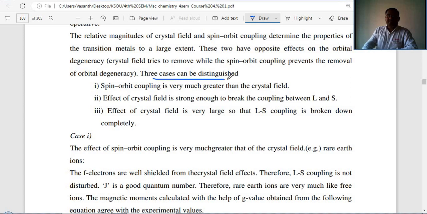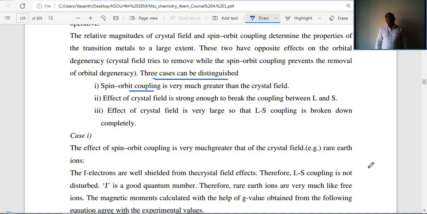These three cases can be distinguished: spin-orbit coupling is very much greater than the crystal field.